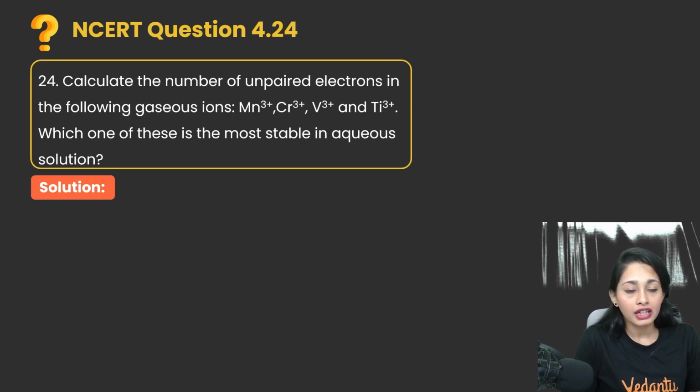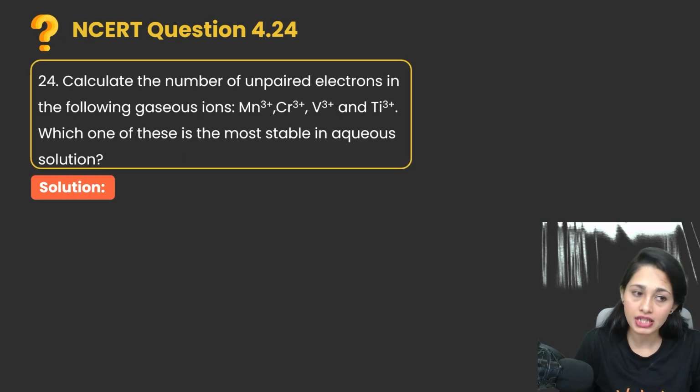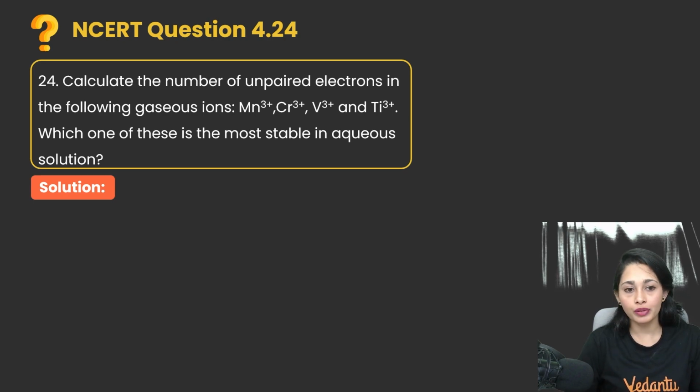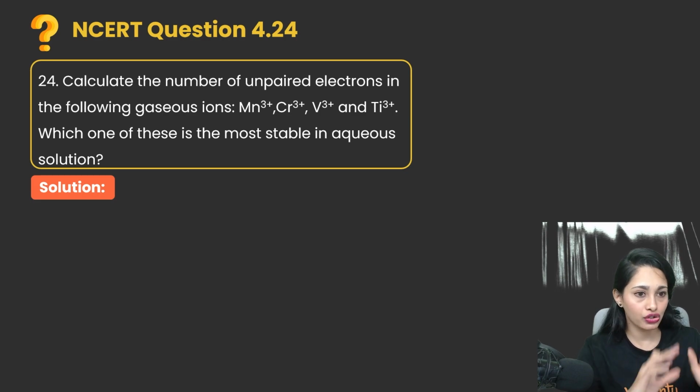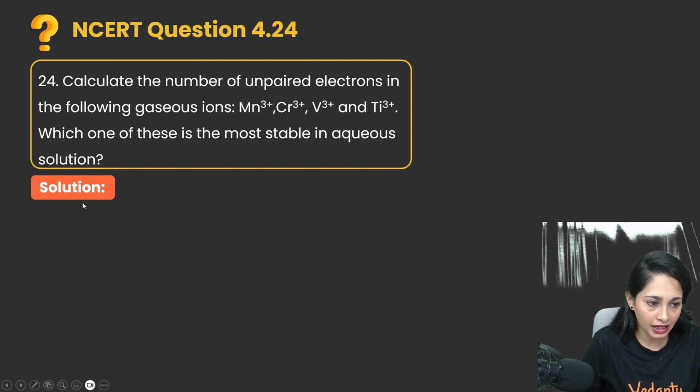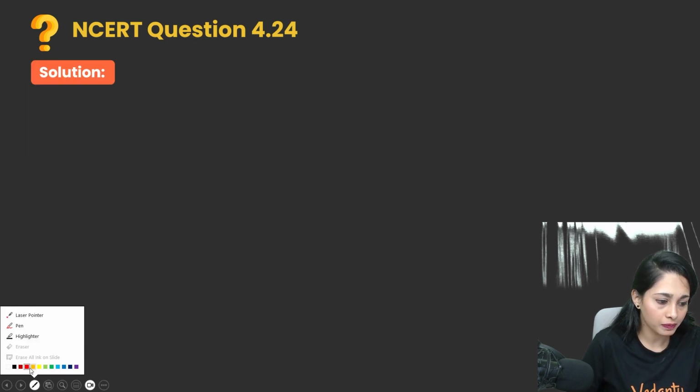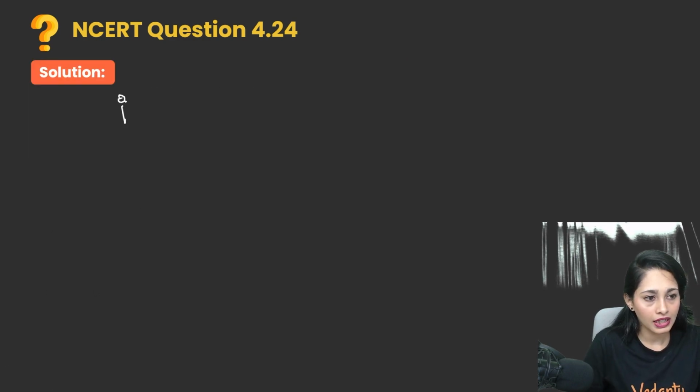Question number 24. Calculate the number of unpaired electrons in the following gaseous ions: Mn3+, chromium 3+, vanadium 3+, and titanium 3+. Which one of these is the most stable in aqueous solution? Let's get started. In order to solve this question, we need to know the electronic configuration of the respective transition metals. The first one is manganese, Mn2+.